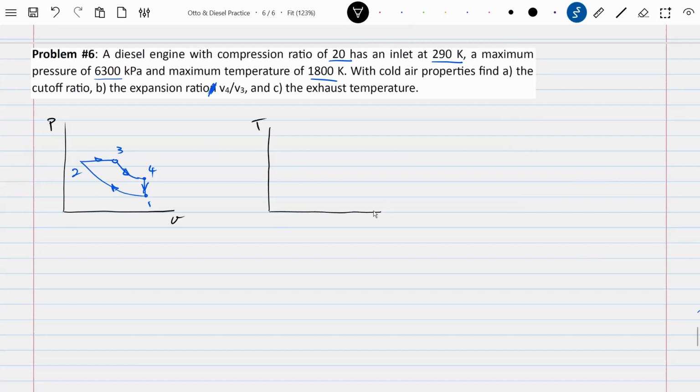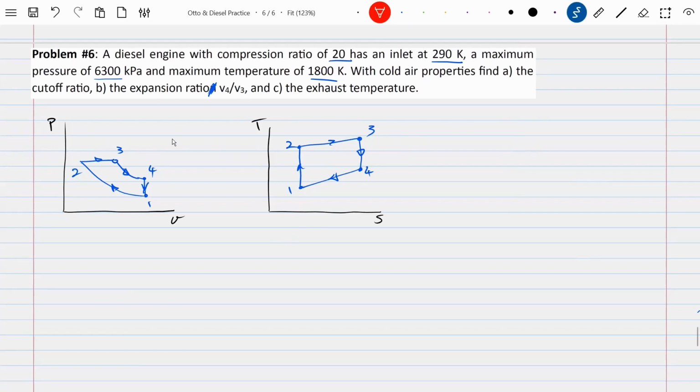I'm also adding a TS diagram here because the problem is talking about maximum temperature, and maximum temperature is not something that I can see on the PV diagram. So, a TS diagram. I have an isentropic 1 to 2, constant pressure 2 to 3, isentropic 3 to 4, constant volume 4 to 1. So this is 1, 2, 3, 4, back to 1.